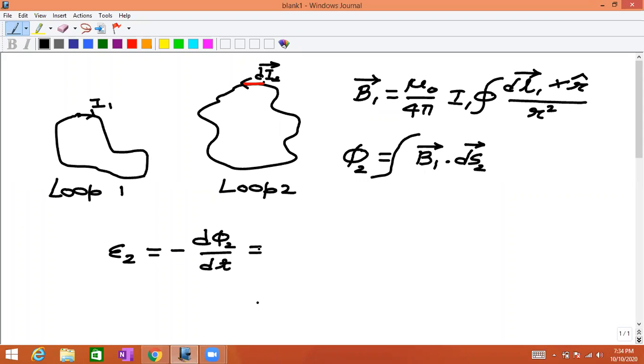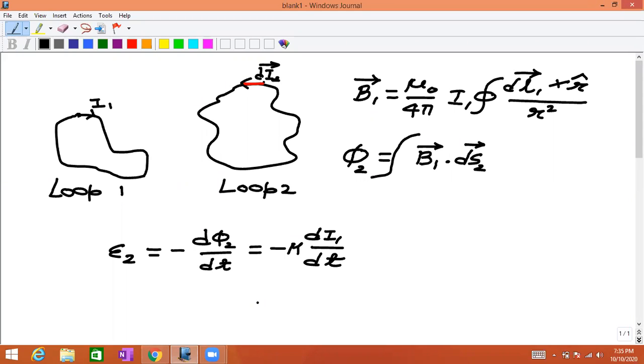We got that phi 2 is equal to M multiplied by I1. So the expression of induced EMF will be minus M dI1 dt. Fine. So this is the EMF induced in loop 2 due to the change of current in loop 1.